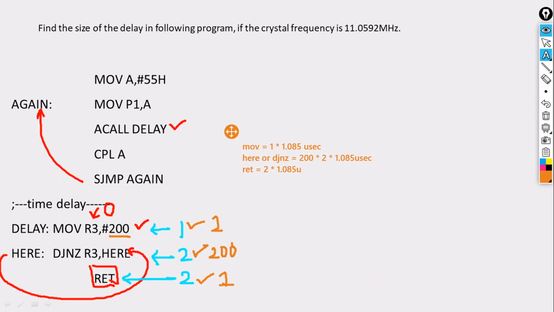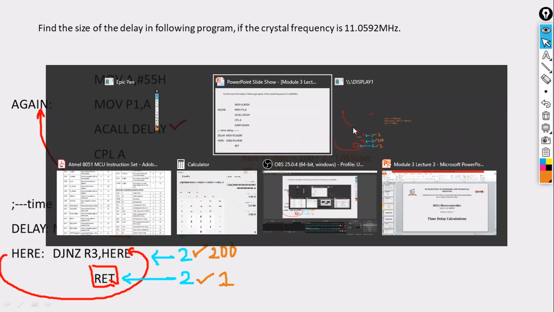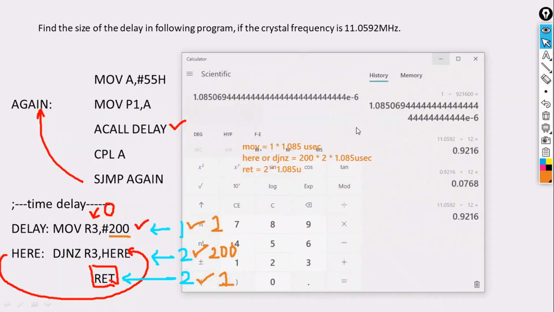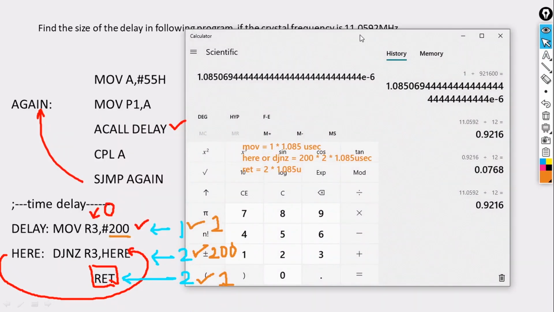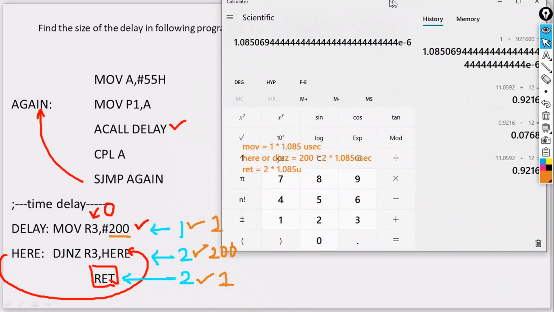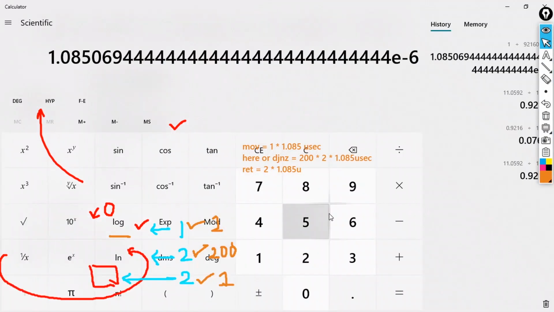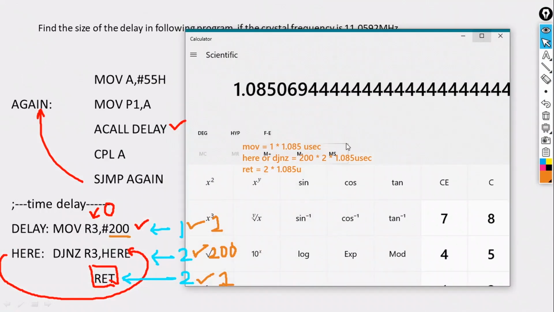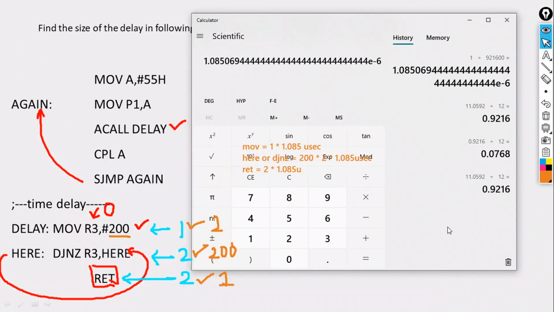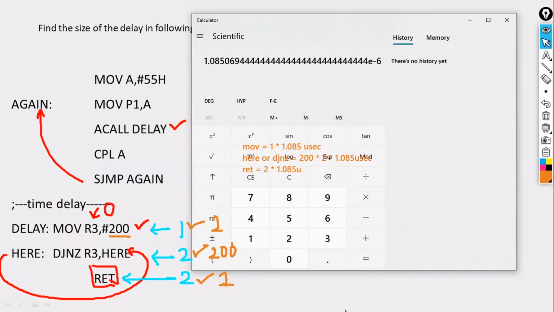Now let us open up our calculator. It is going to be 200 into 2 into 1.085.